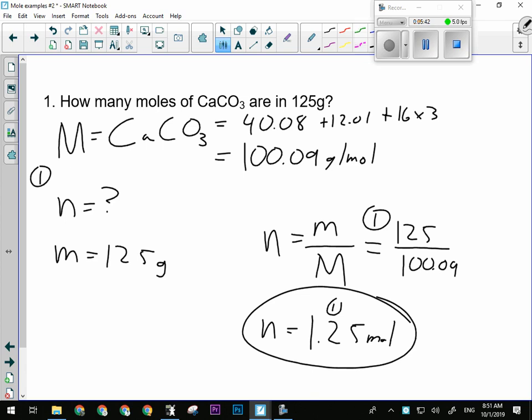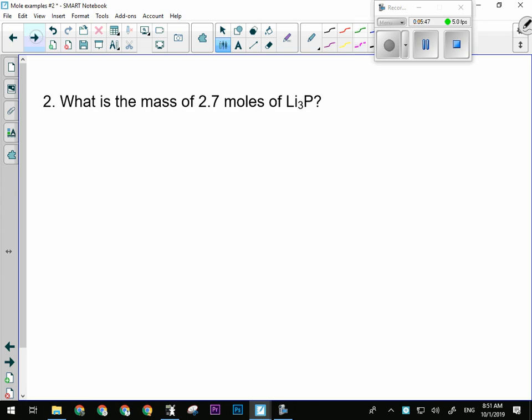Okay, now we did one like this next one as well on Friday, so hopefully it looks familiar. This one wants to know the mass. So what is the mass? We can immediately say we don't know what it is, of 2.7 moles. What did they just give me? N. Of lithium phosphide.